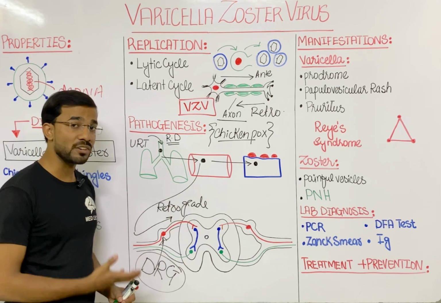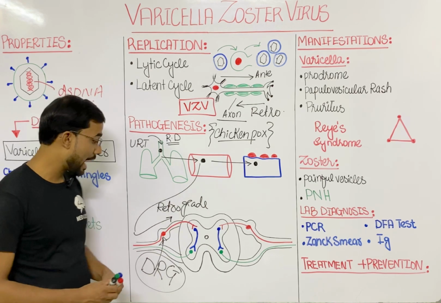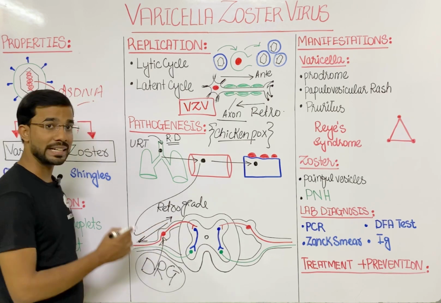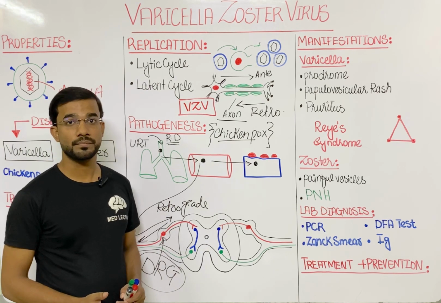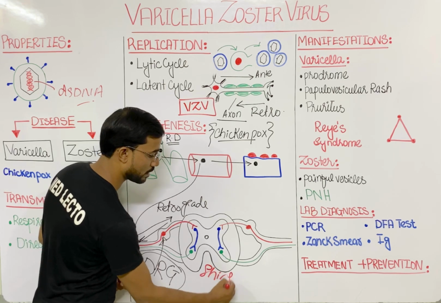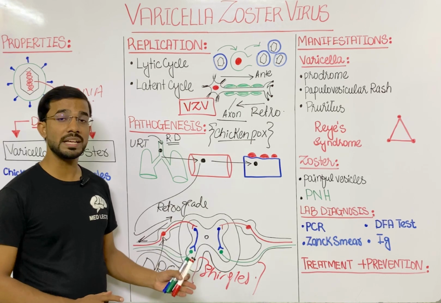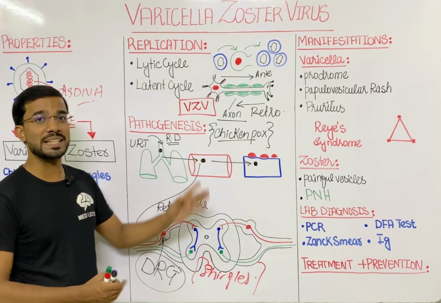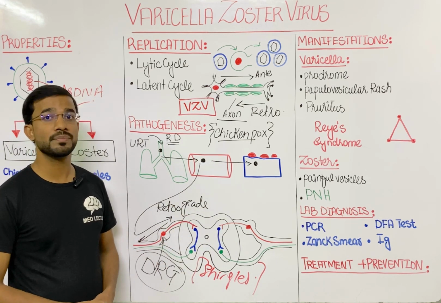And when that virus gets some stimulus like local trauma, as a result the virus again moves antegrade wise and forms lesions on the skin. That will form the shingles. Shingles will be produced after the latency of the varicella zoster virus. So chickenpox is basically a primary disease and the shingles is actually the recurrent form of the chickenpox, or you can say varicella.